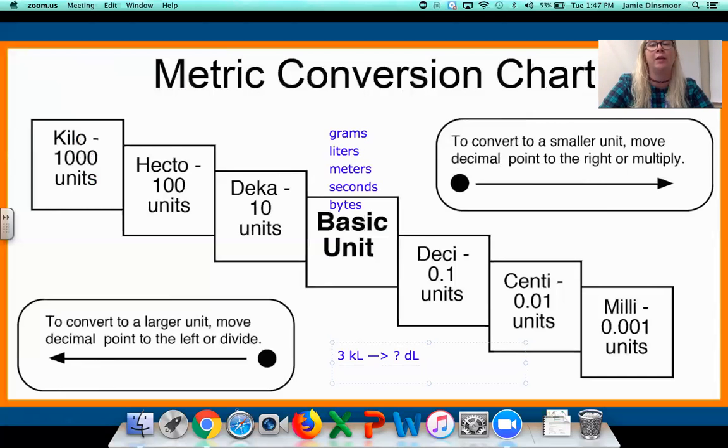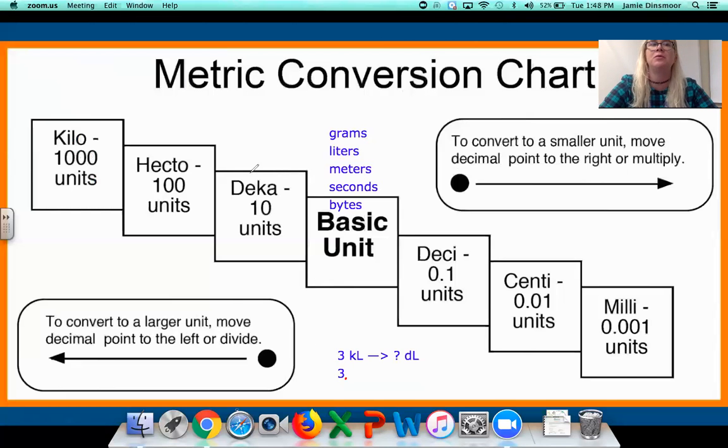Try the decimal moving thing, I'm telling you. Even if it doesn't make sense in your mind, start on this chart at kilo, see how many times you need to move the decimal. Okay, we've got a couple guesses.